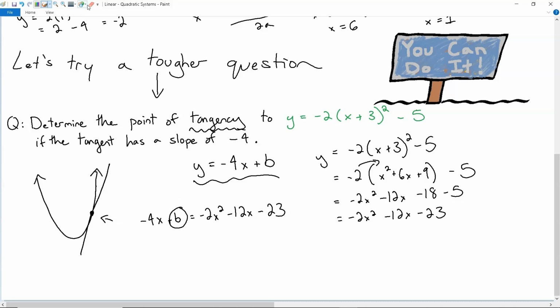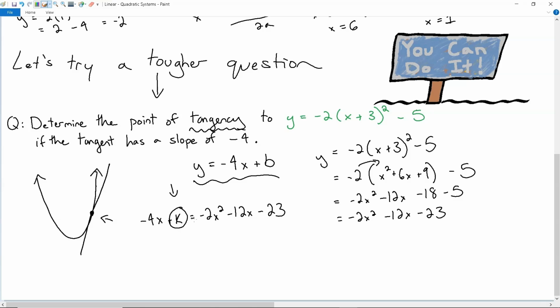And just to make this a little bit easier to follow along, I'm going to change the variable name from a b to a k, right? Because in the quadratic formula, b refers to one of these terms over here. So I'll just change that to a k. So how on earth are we going to solve for this value?